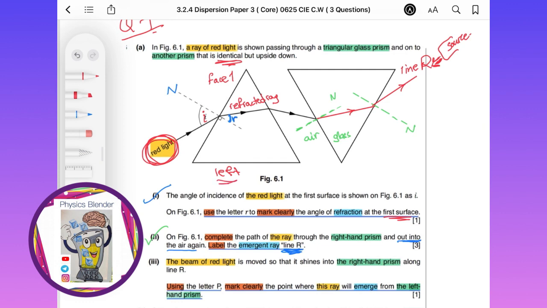So this is the left hand prism. Where will it emerge?